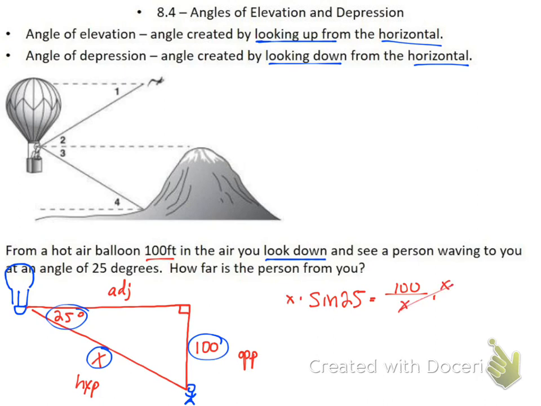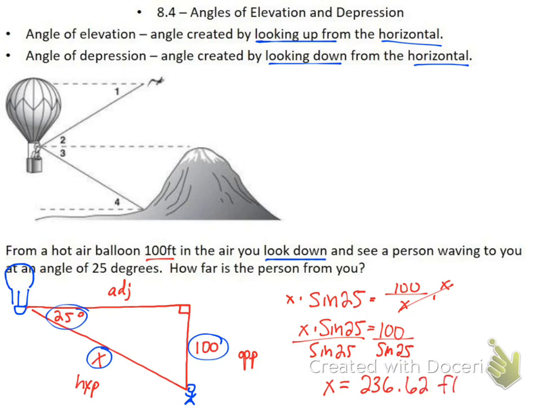Multiply both sides by x, get x times the sine of 25 is equal to 100, and then divide both sides by the sine of 25. And so when I do that, I get x is equal to 236.62. And these are feet.